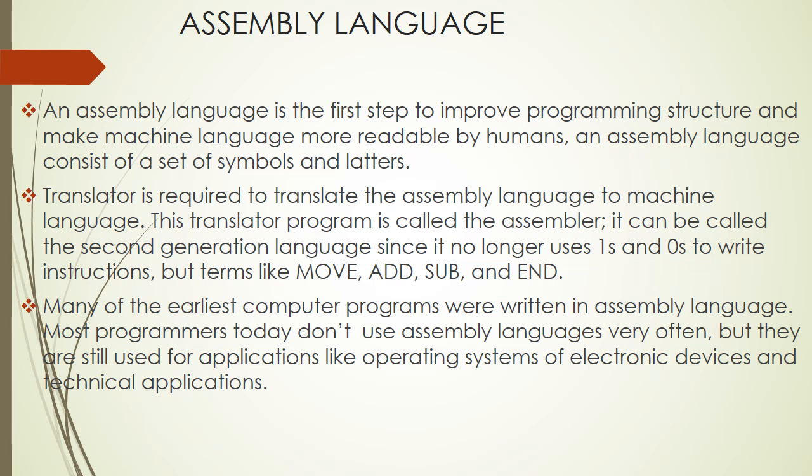As we can see, there is a significant improvement in low-level language with the help of assembly language. Many of the earliest computer programs were written in assembly language. Most programs today don't use assembly language very often, but it is still used for applications like operating systems of electronic devices and technical applications.